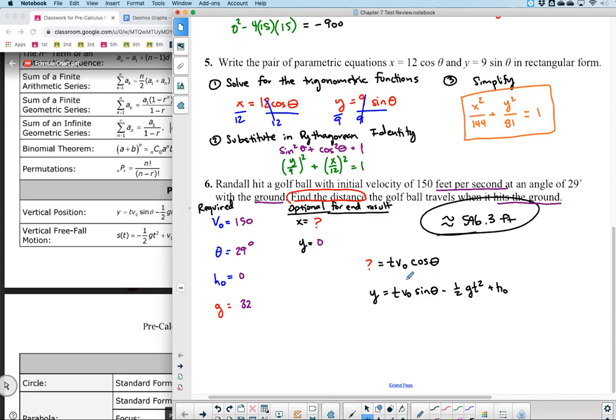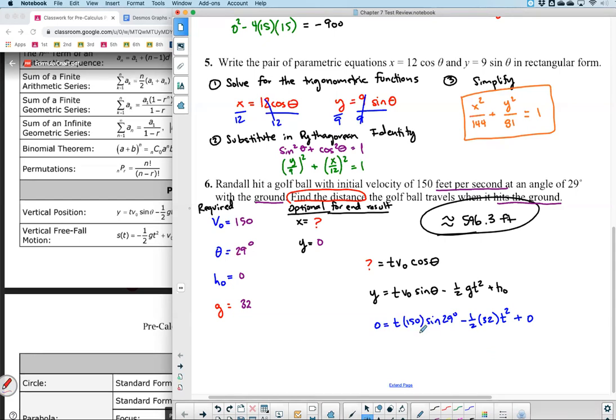So I would end up having to start with this equation, solve for what's missing, which is going to be time, and then plug it in. I'll walk you through it really quickly. If it's too fast, I'm sorry. The y is 0. So 0 equals t times 150 times sine of 29 degrees minus 1/2 gravity, which is 32 feet per second squared, plus an initial height of 0.